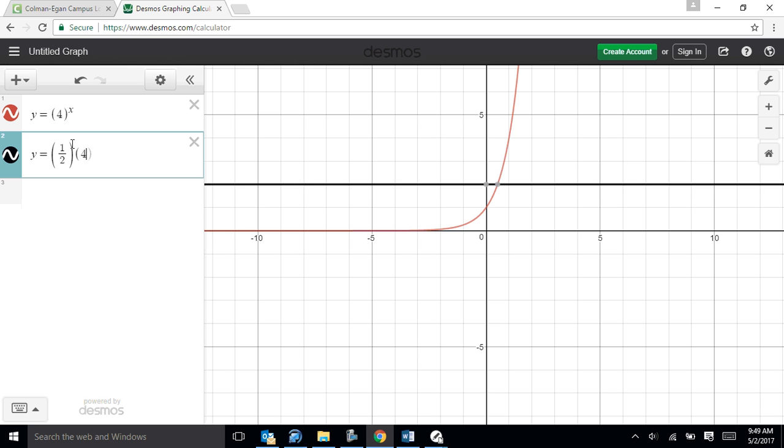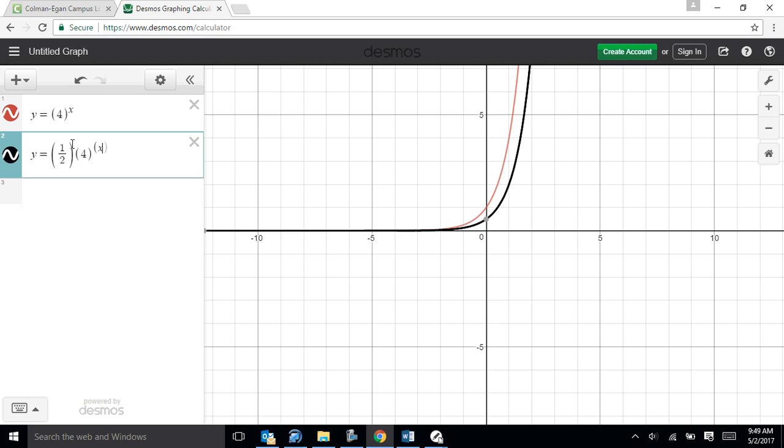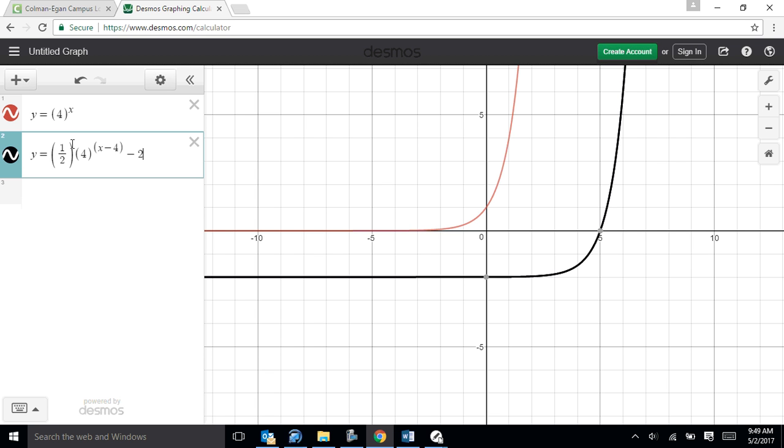Then we have 4 to the x minus 4 minus 2. Alright, that was close to what I had, right? It's not terrible. It's not unlike a lot of the other transformations that we've done. We just have an exponent now.